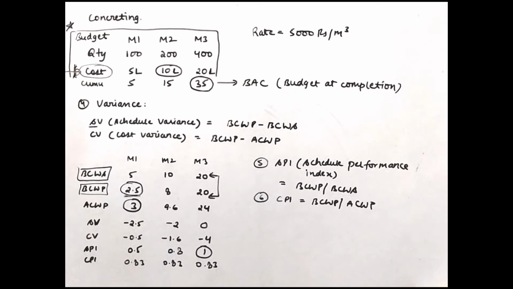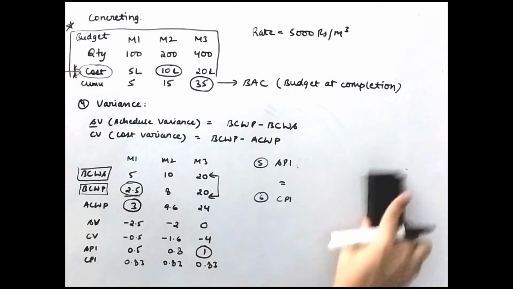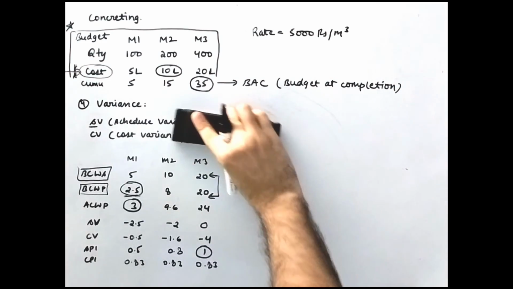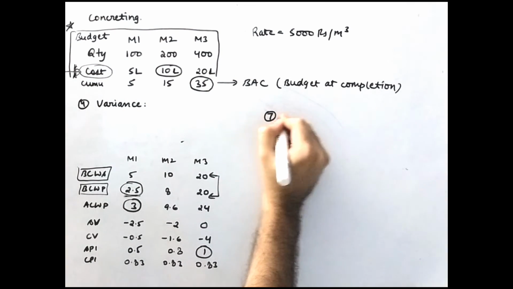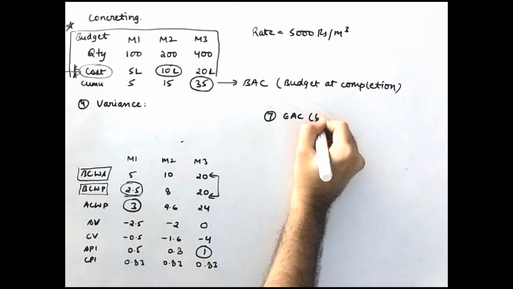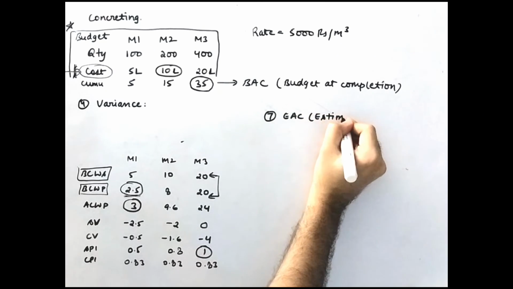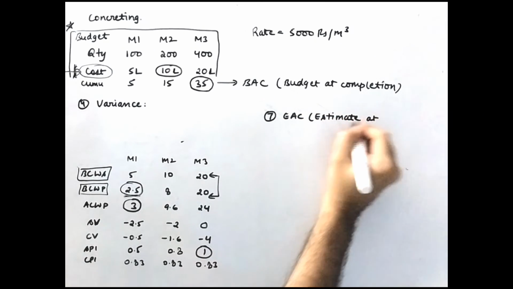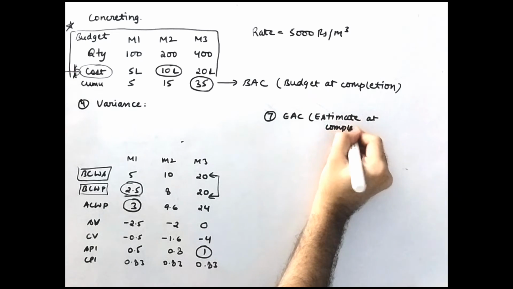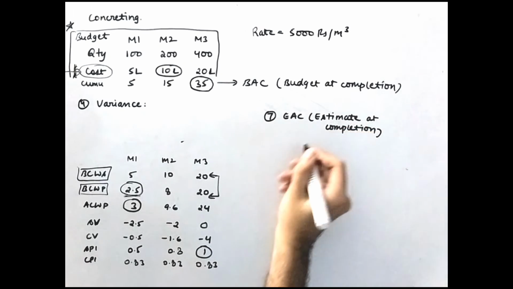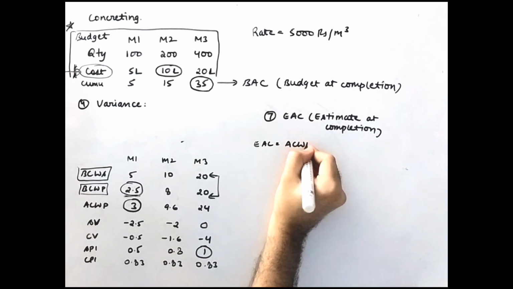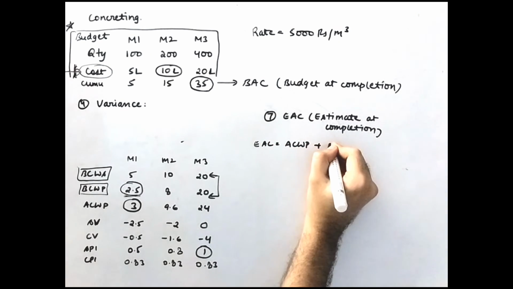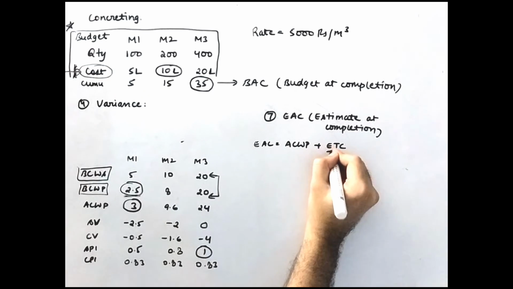Now moving on to the next parameter, which is your estimate at completion, EAC. How can you calculate this? EAC equals actual cost of work performed plus ETC. What is ETC?